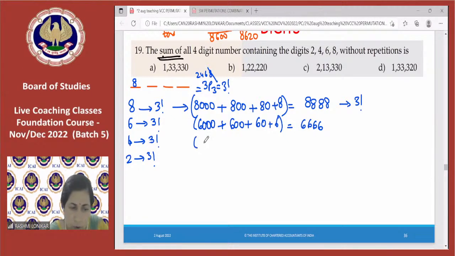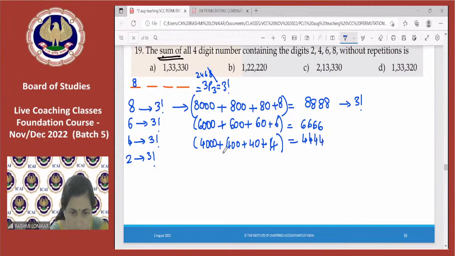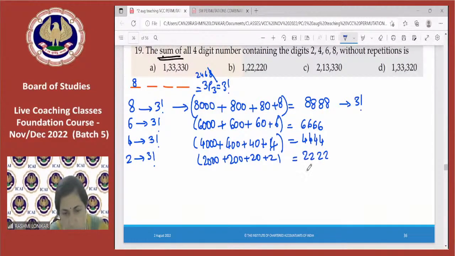Similarly for 4, it is 4,000 plus 400 plus 40 plus 4, sorry. So this is 4, 4, 4 and 4. So 2 is 2000 plus 200 plus 20 plus 2, which is giving me 2, 2, 2, 2.